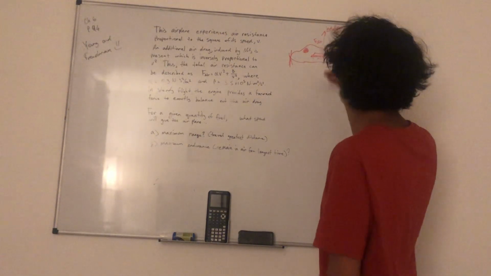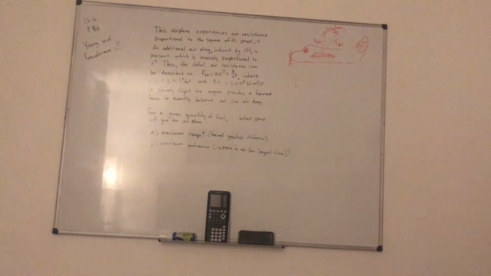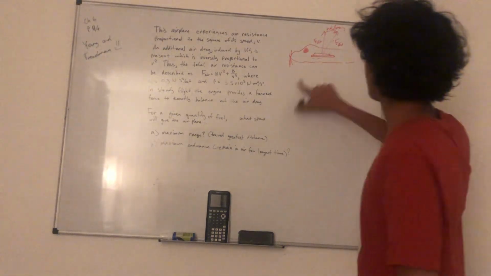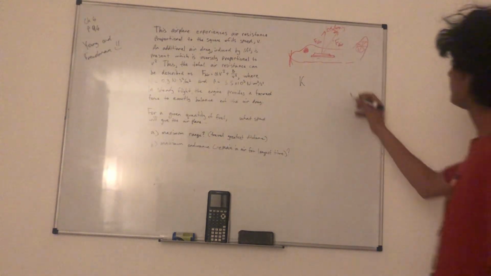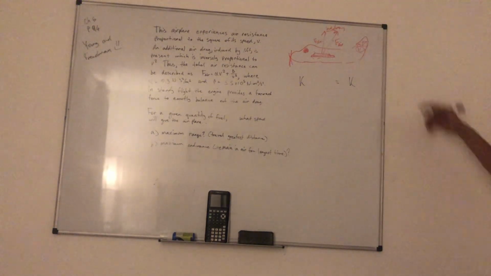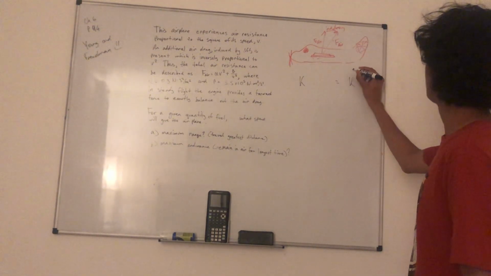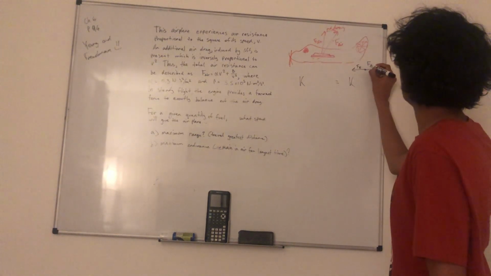We're going to have some kinetic energy to begin with, and we're going to have the same kinetic energy afterwards, because we're moving at a constant speed. If we have the FBD, the force by the engine balances out the total air drag.